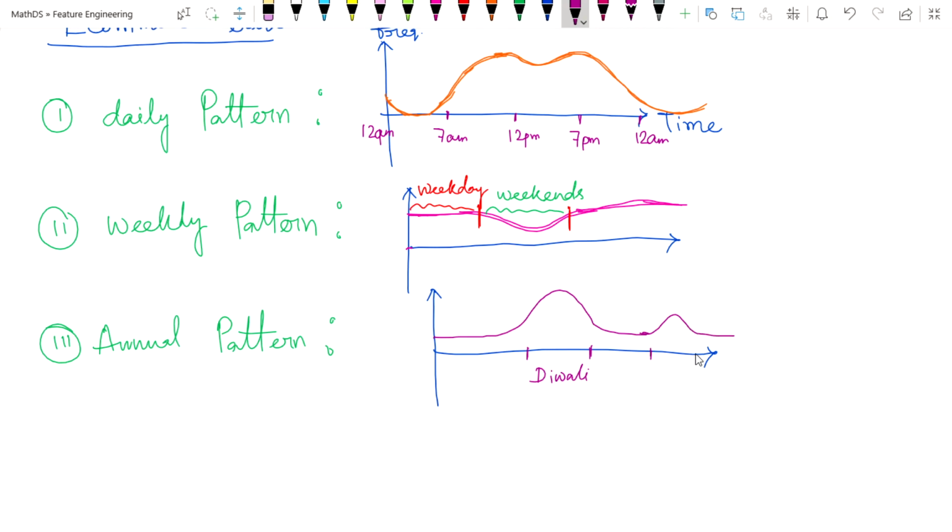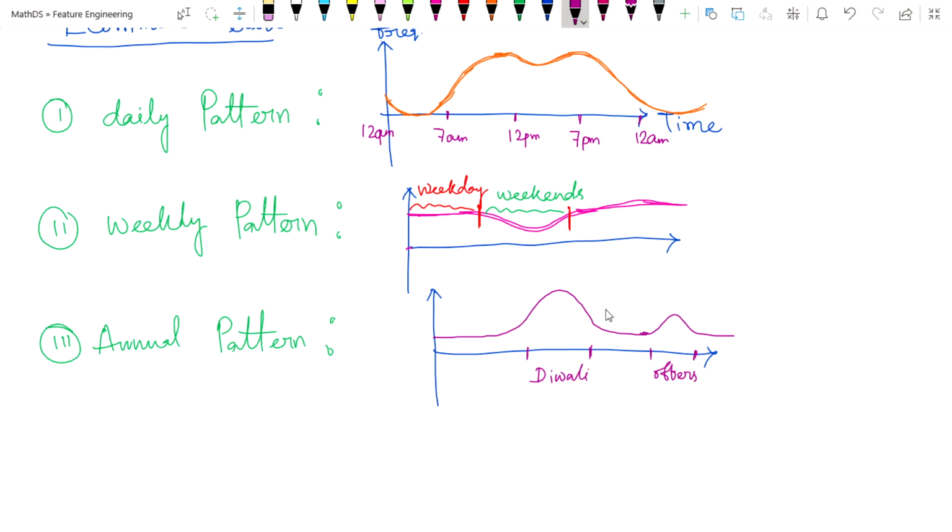In this period the e-commerce websites give some offers, so it increased a little bit. This kind of plot is generally shown. It depends on the situation, problem to problem, time to time. It depends on various features to plot this pattern.